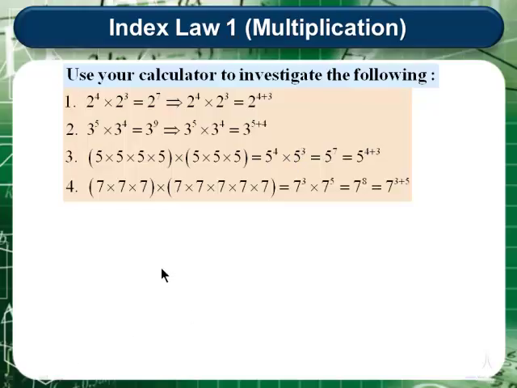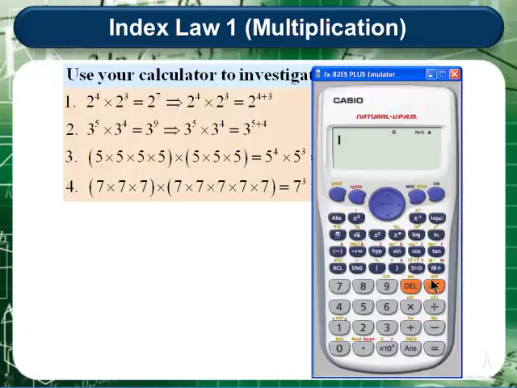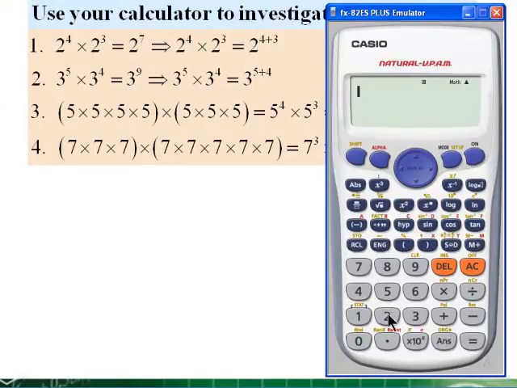Using my calculator I can just confirm, say, one of these results. Let us take the first example. If we have 2 to the power 4 and we multiply it by 2 to the power 3, we get an answer.